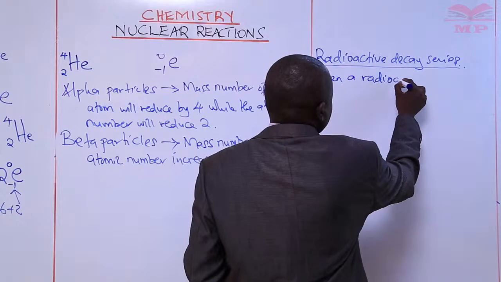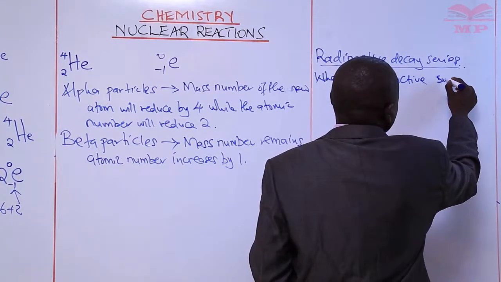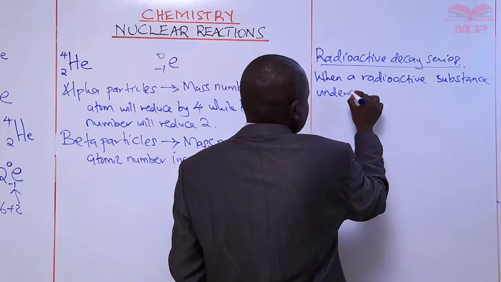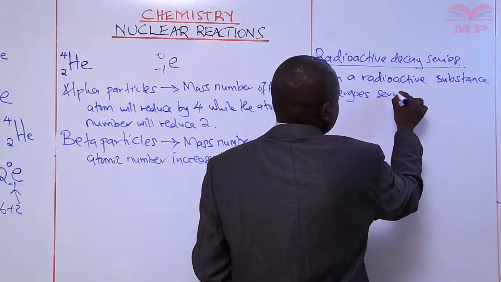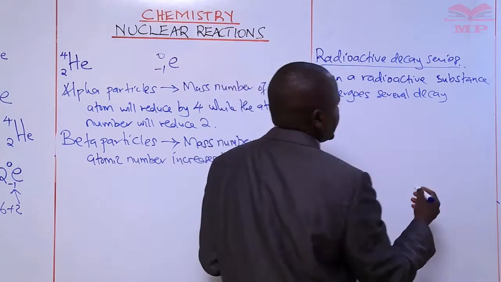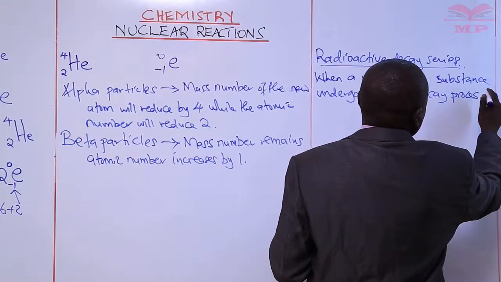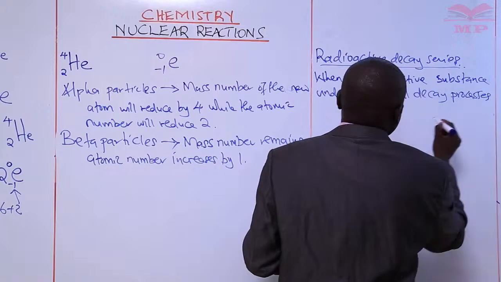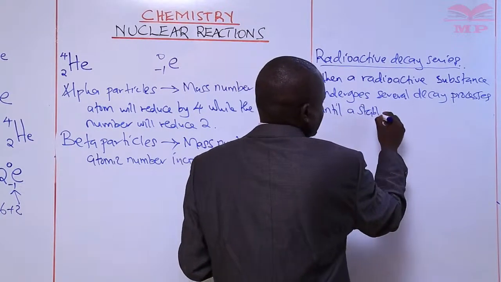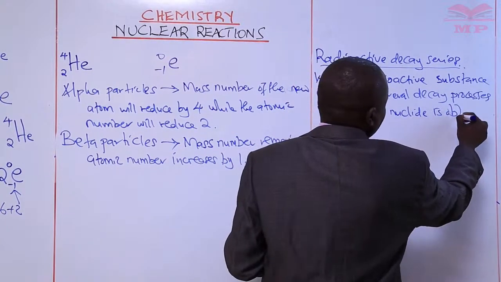This one happens when a radioactive substance undergoes several decay processes until a stable nuclide is obtained.